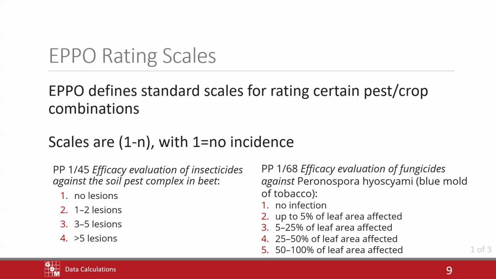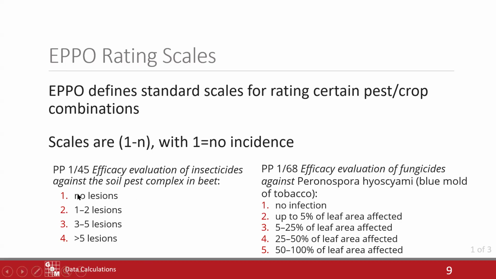I have a couple on the screen as examples, often targeting one particular pest or type of pest and one specific crop as well, like blue mold of tobacco when you're evaluating fungicides, the one on the right.